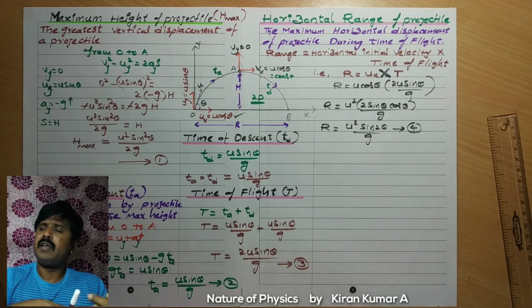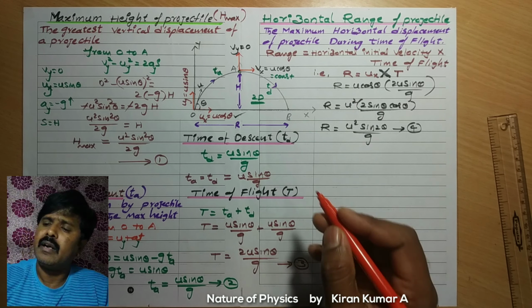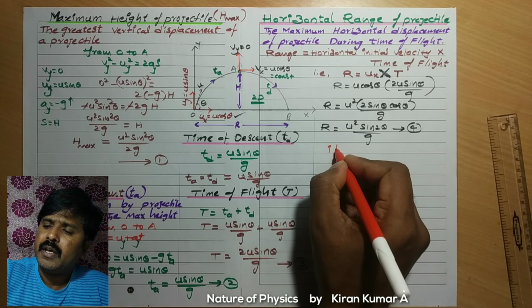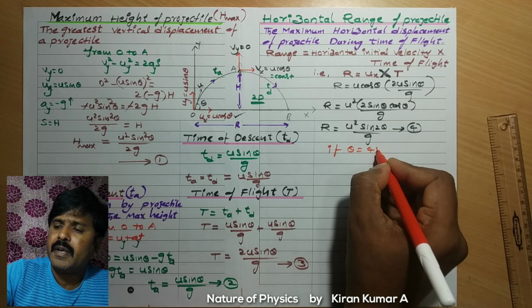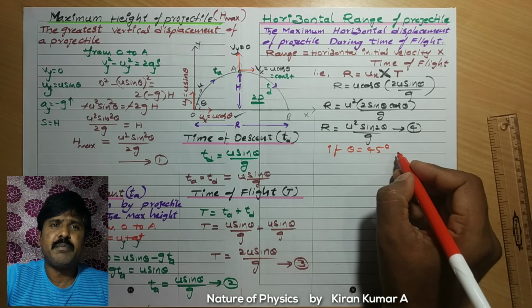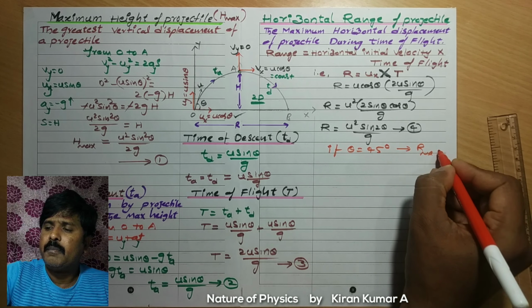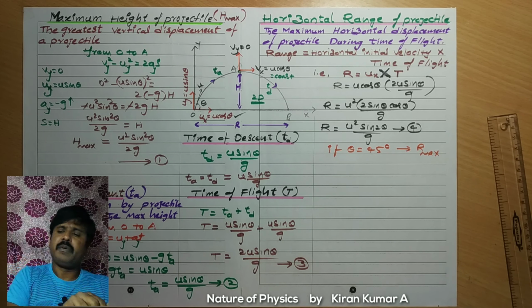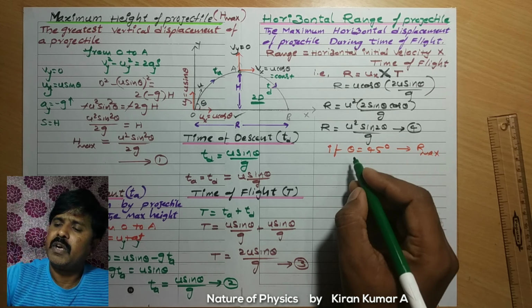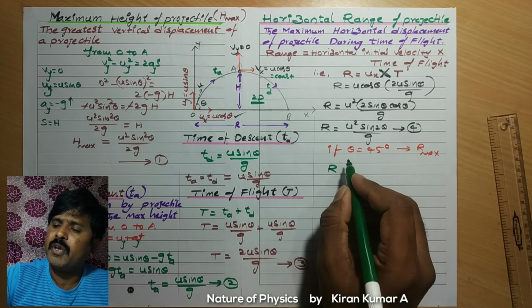And in continuation, here there is a condition. The condition is, if theta is equal to 45 degrees, the range becomes maximum, student. What becomes maximum? Range becomes maximum. I am going to explain the step here. Theta equal to 45 degrees is replaced in the above equation.